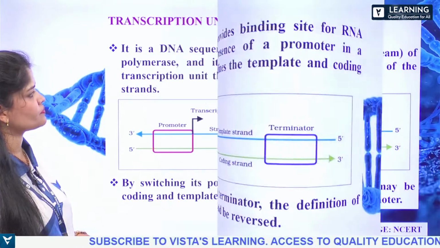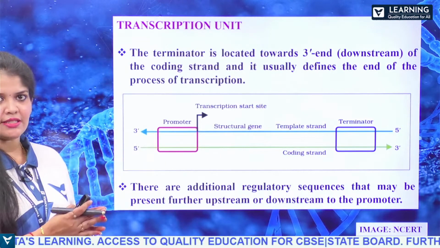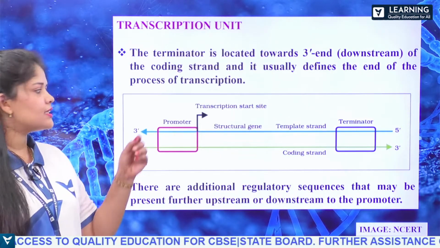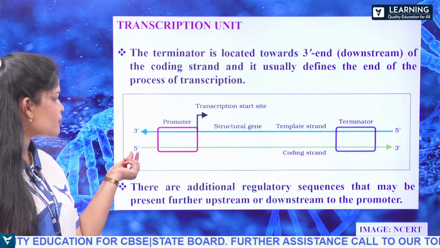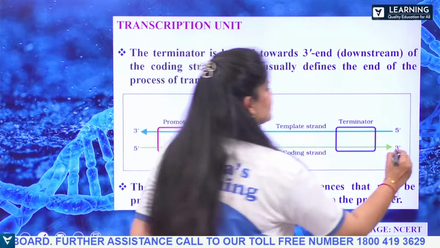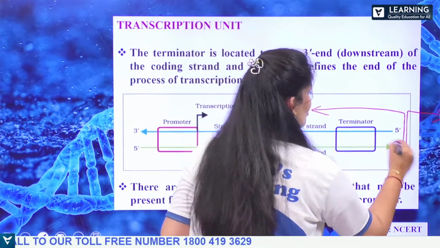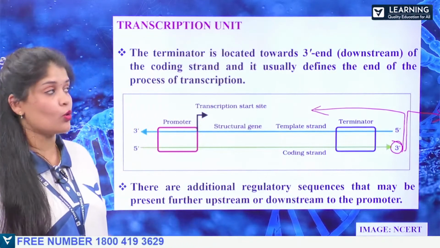Now, coming to the terminator, we know that the promoter will be present at the 5' end of the coding strand, upstream, and the terminator will be present towards the downstream, 3' end of the coding strand.